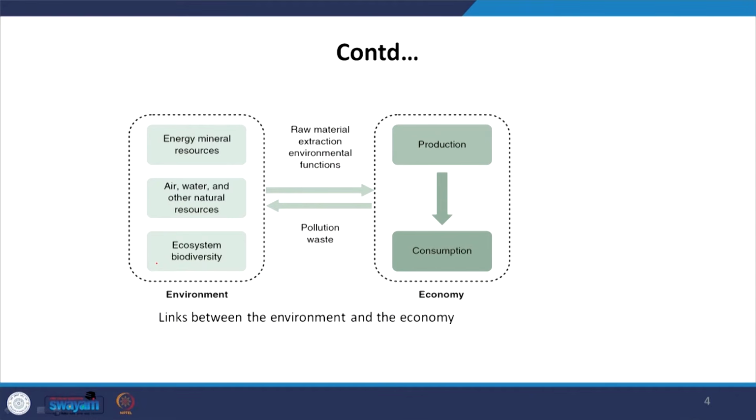For example, if we are releasing certain kinds of waste into the river system, it is a characteristic of the river that it can clean itself up to a certain extent, but if you are releasing more waste into the river, then the river may become a sewer. So, the function of the river to clean itself may be badly affected. That is why you should know that this assimilative capacity or absorption capacity of environment is not absolute, not infinite, it is limited.